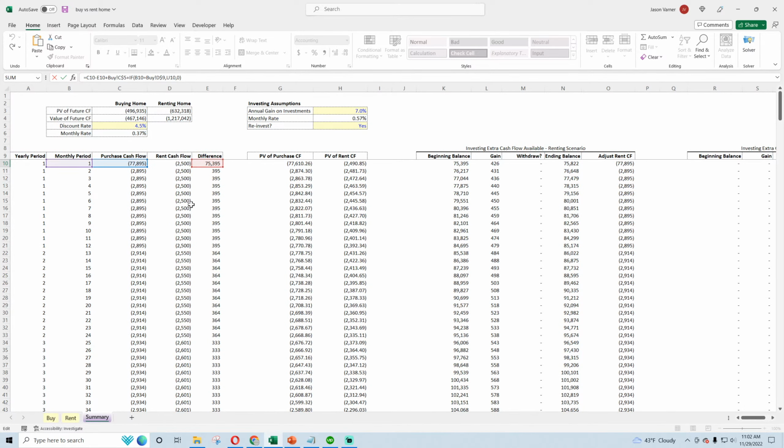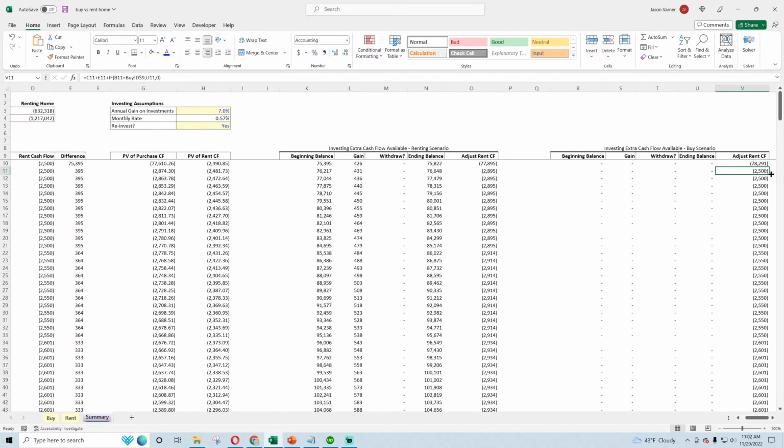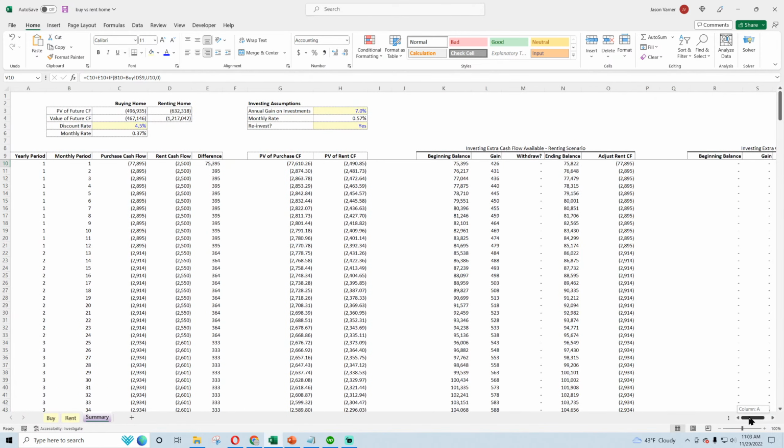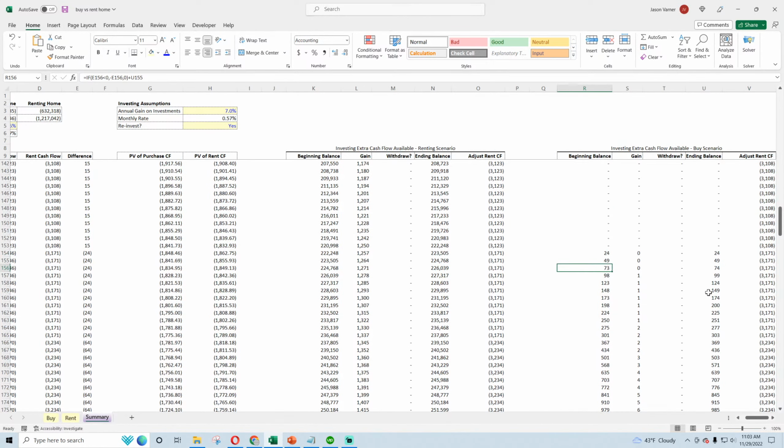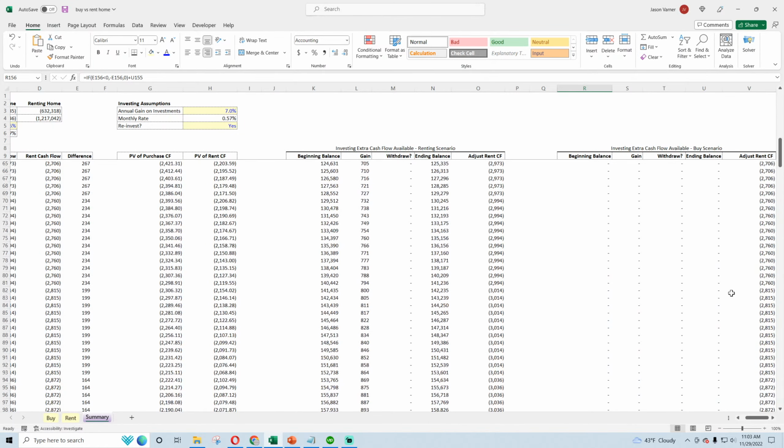So we don't want it to go to the rental cash flow if this is positive. So let's redo this calculation. And then once it gets negative, we're actually starting to invest those differences. But up until that point, we just have the regular cash flows of buying.